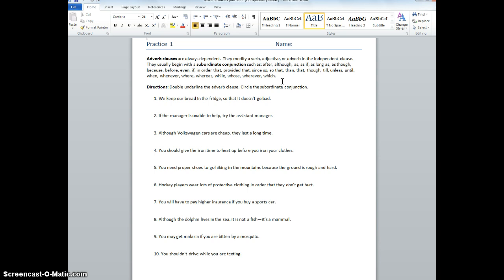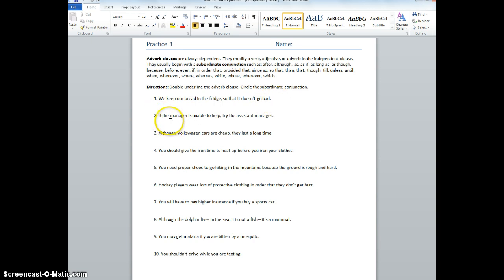So you want to think about, do you see a subordinate conjunction? And you do. So that begins your adverb clause. So that it doesn't go bad is your adverb clause. What does it modify? It tells you about keeping, why the bread is kept in the fridge.